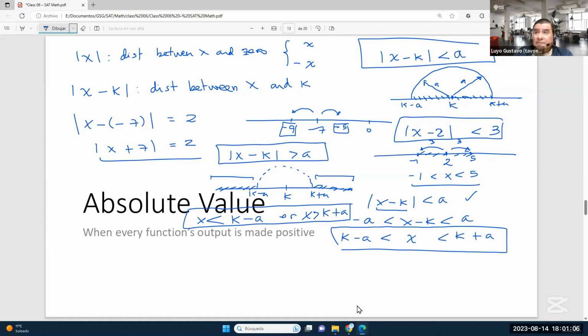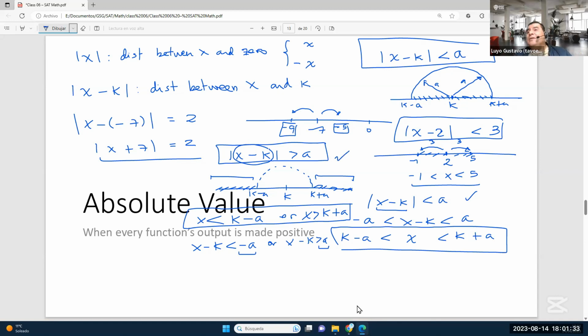Or if you want, you could say x minus k is less than -a, or x minus k is greater than a. This is the way to open this one. This is less than the negative constant or greater than the positive constant. These are the two ways to open inequalities like this, with absolute value, of course.